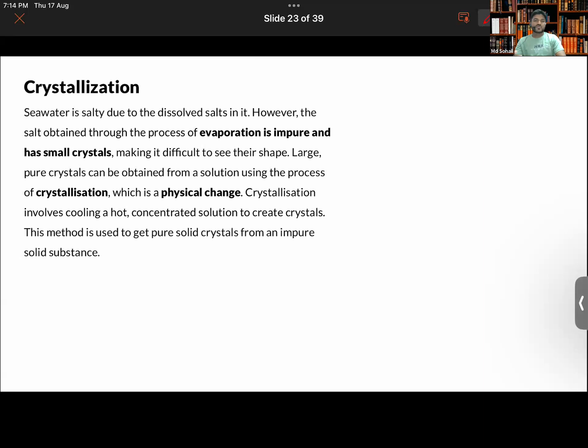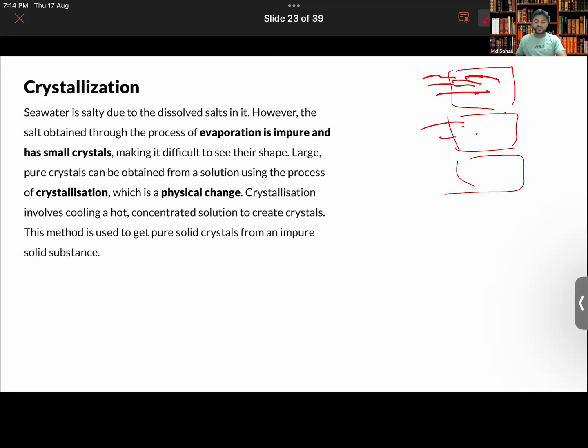The salt that is obtained by the process of evaporation, like what the small farmers that live in the coastal area do, they basically obtain salt from the seawater by evaporating it. They make structures alongside the oceans, and the waves carry the water in.